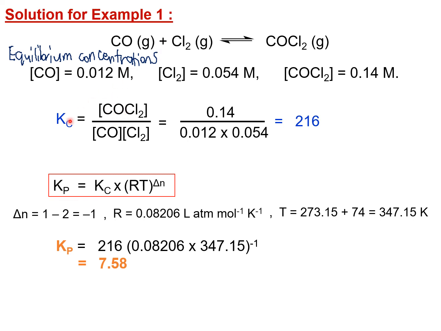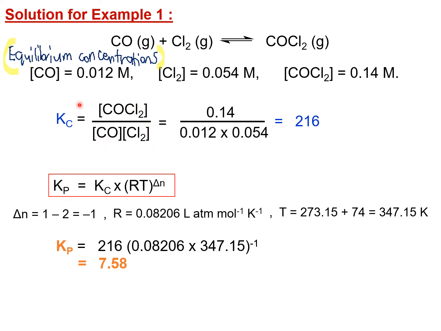Okay, so for example, if you build Kc expression for this reversible chemical equation, you will get Kc is equals to concentration of product COCl2 divided by concentration of reactants CO times with concentration of Cl2. Okay, this kind of concentrations ni wajib kena ambil equilibrium concentrations. Because dah kata pun K ni equilibrium constant kan, so everything must be in equilibrium juga.